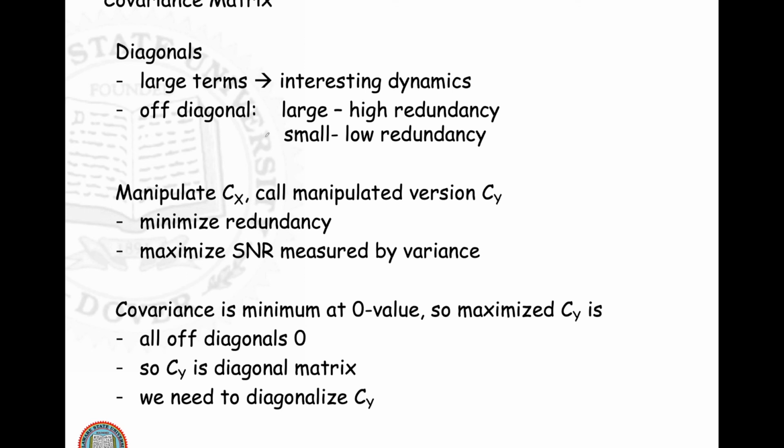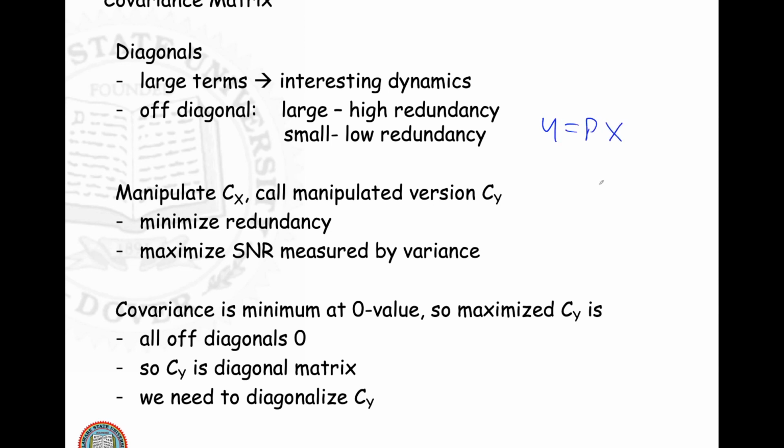That's what we're after when we're trying to identify the interesting dynamics. And we're trying to find this linear system that reduces noise, where off-diagonal covariance is small, and identifies the signal. The on-diagonal terms, the variances, are large, and the largest variance, we'll make the assumption, as we said before, are the interesting dynamics.